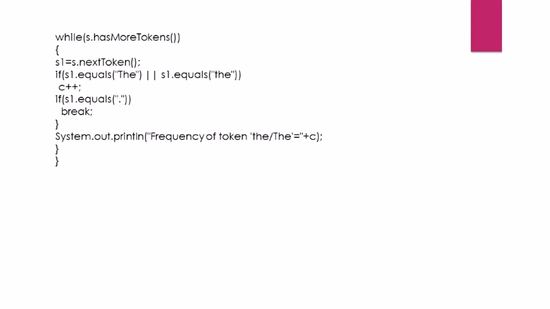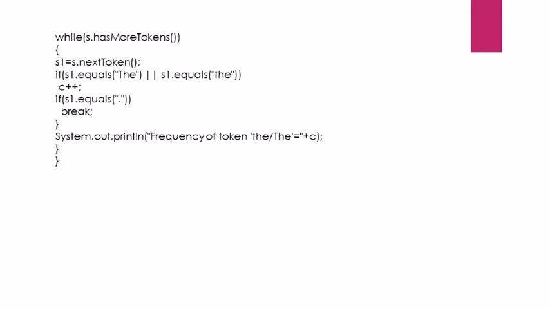If it is the first word, it will take the first word. The first word was "the". So while s.nextToken, it has taken the first word and stored it in the variable s1. So s1 is a string variable which will be holding one word, one token at a time, from the StringTokenizer object s. s1.equals "The" or s1.equals small "the", and c will be incremented. If s1.equals full stop, then break.